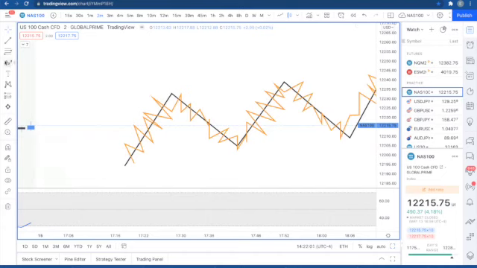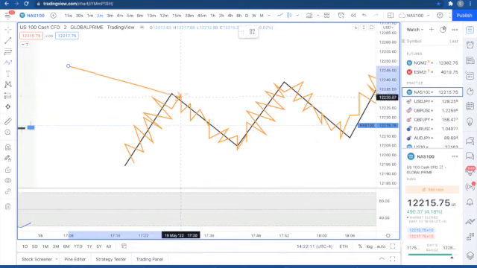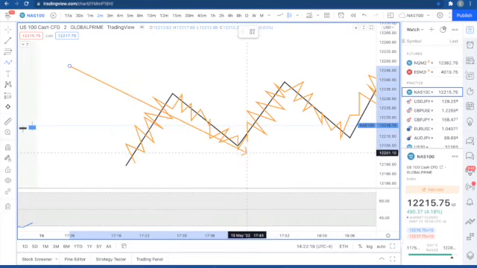So if you were trading a lower time frame, let's say the 15-minute, when the market makes this shift here, you would then look for shorts. And then you would wait until the market flips bullish again, and then you can start looking for buys.